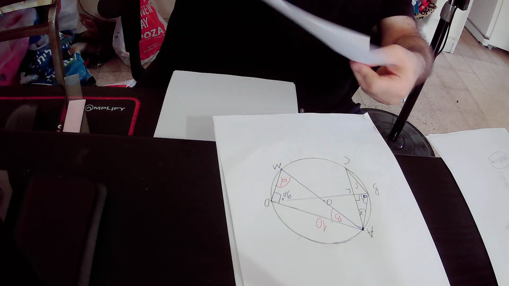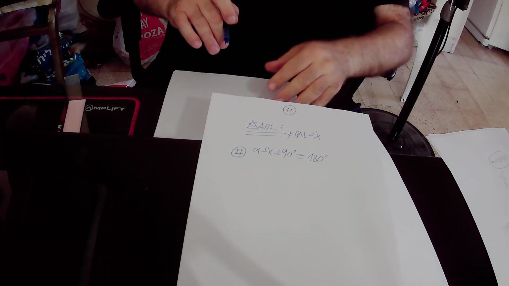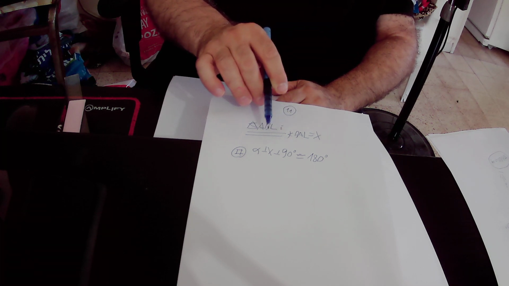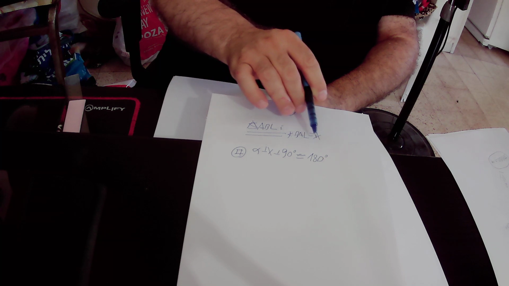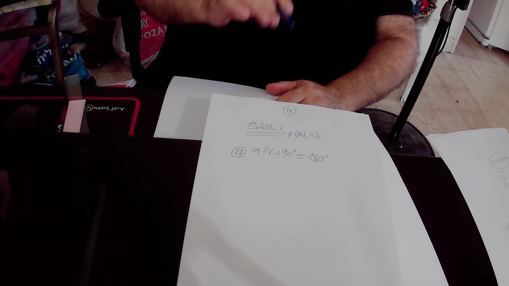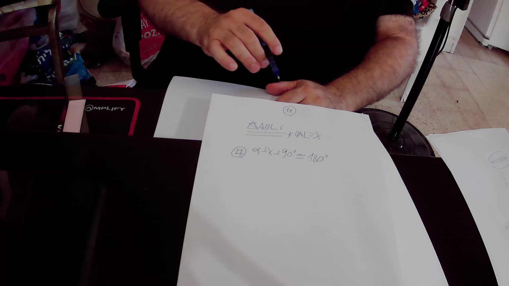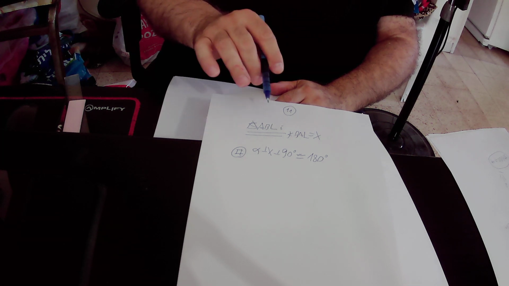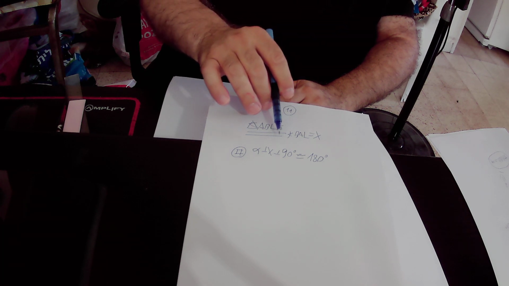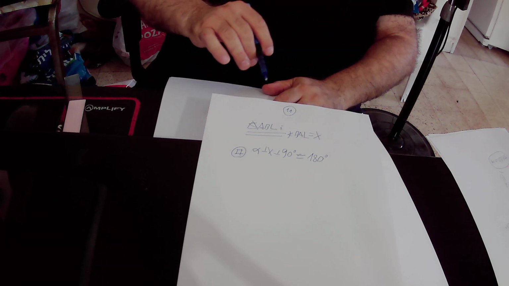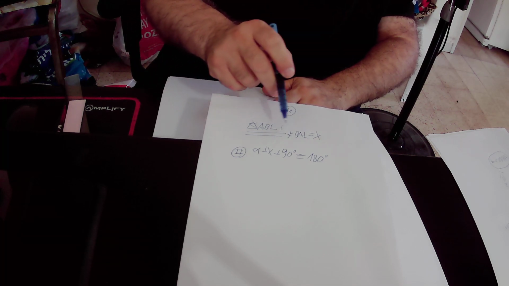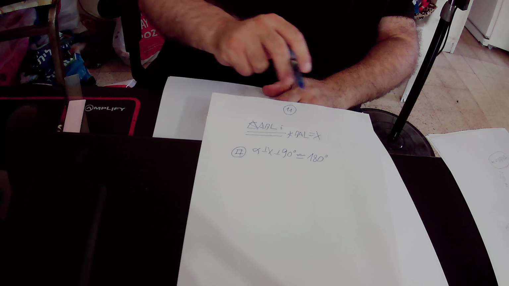So equation number 2 states that the sum of the angles in the right triangle ABL equals 180 degrees. The sum of the angles in any triangle equals 180 degrees, and especially in the right triangle ABL. Okay, now we will subtract 90 degrees from equation number 2.